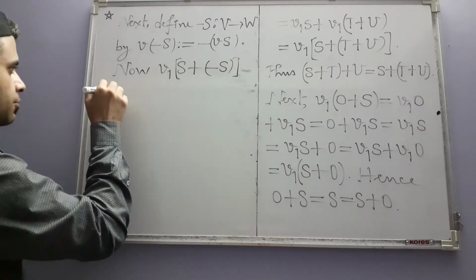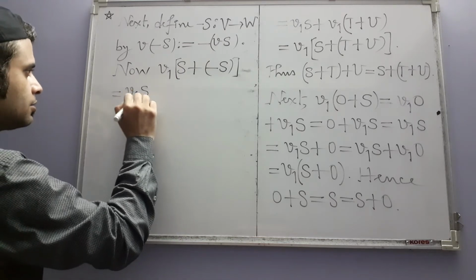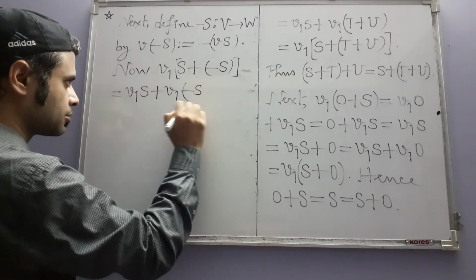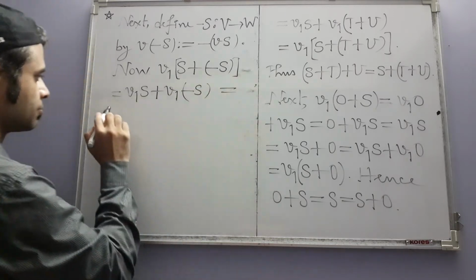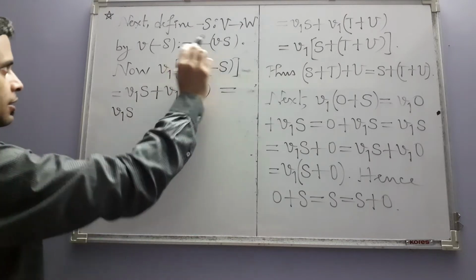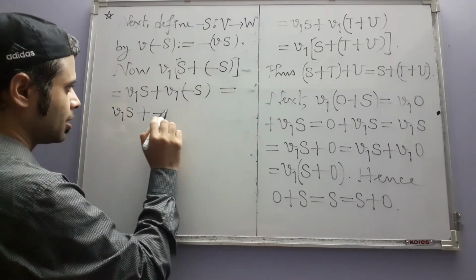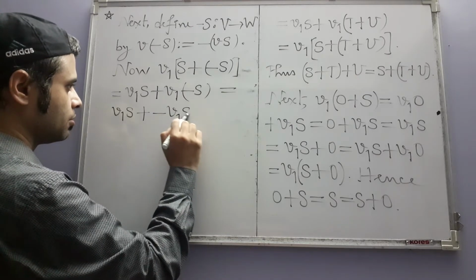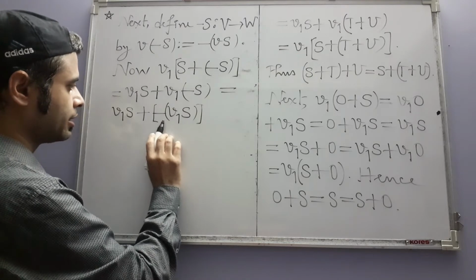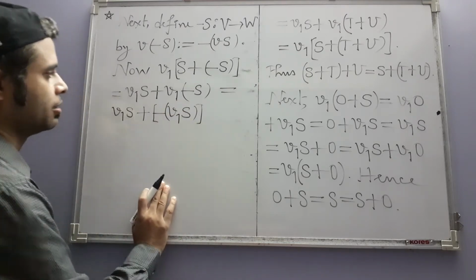So this is equal to, by the definition of our sum, v1s plus v1 minus s. This is equal to v1s. Now you can use the definition of our minus s. So this is minus v1s.